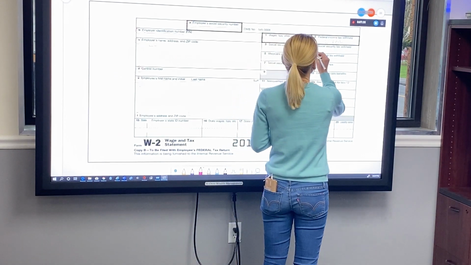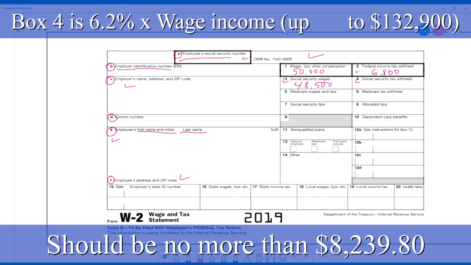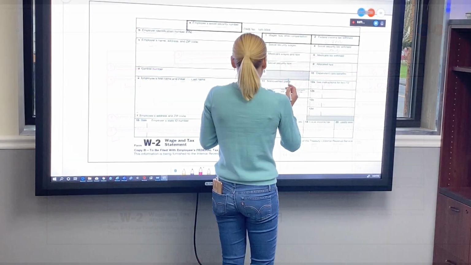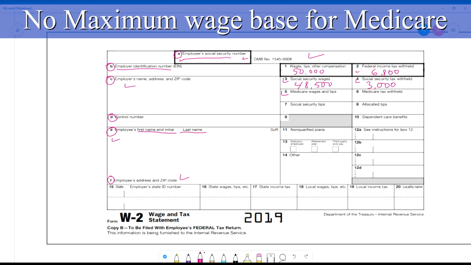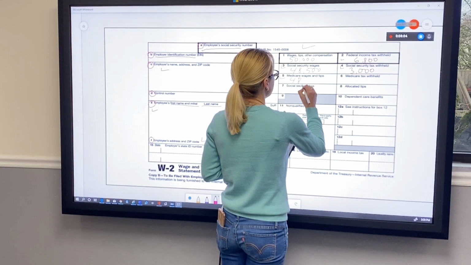Box number 4 shows your total Social Security taxes withheld for the year. Let's put it at $3,000. All numbers are approximate just to show you in general the amounts. Box number 5 indicates wages subject to Medicare taxes. So let's put it at the same amount as Social Security wages at $48,500.